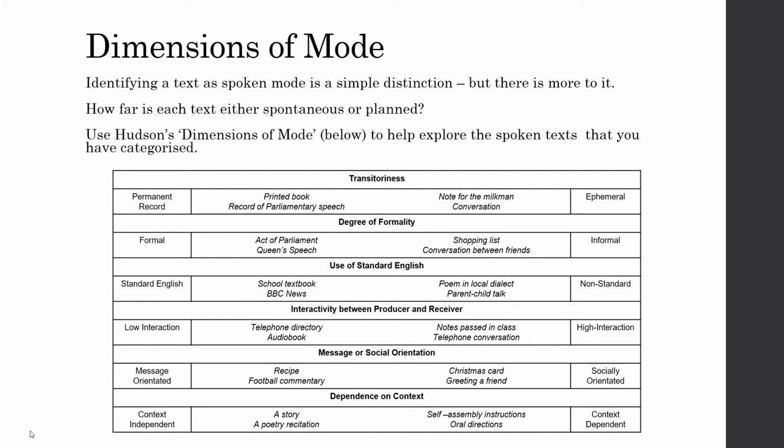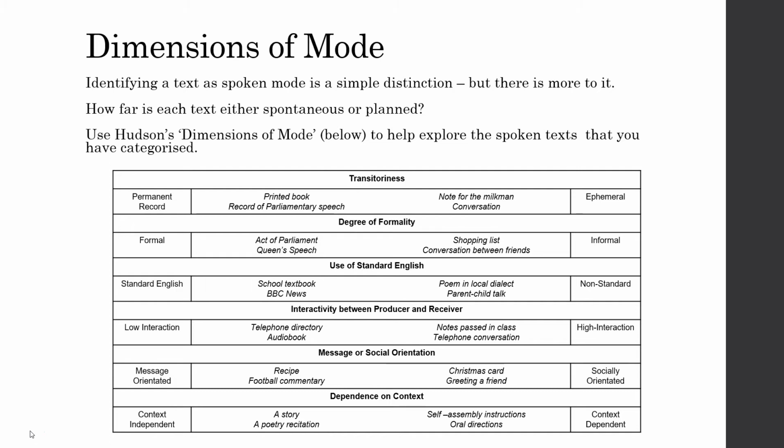A published book is something that's intended to be permanent, something that's supposed to last a very, very long time. Whereas there are texts, of course, including examples of spoken language, which are very ephemeral. A note for the milkman or a conversation, these are things that are not intended to last.